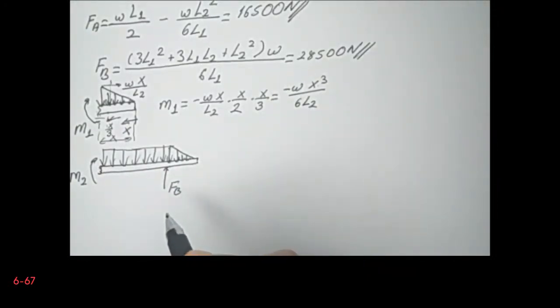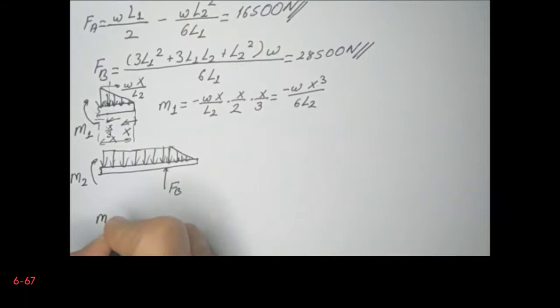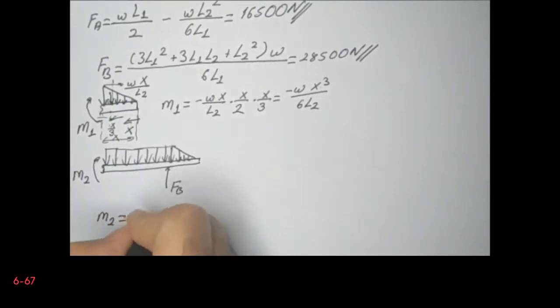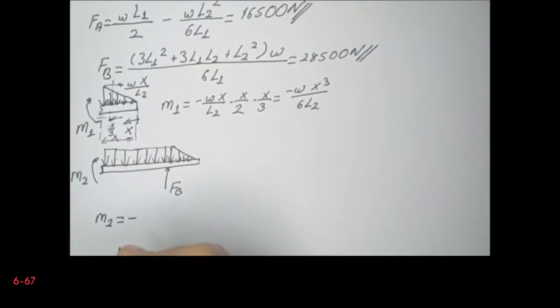So sum of the moments has to be equal to 0. From here I can calculate the M2. M2 is equal to minus, this distance is L2.